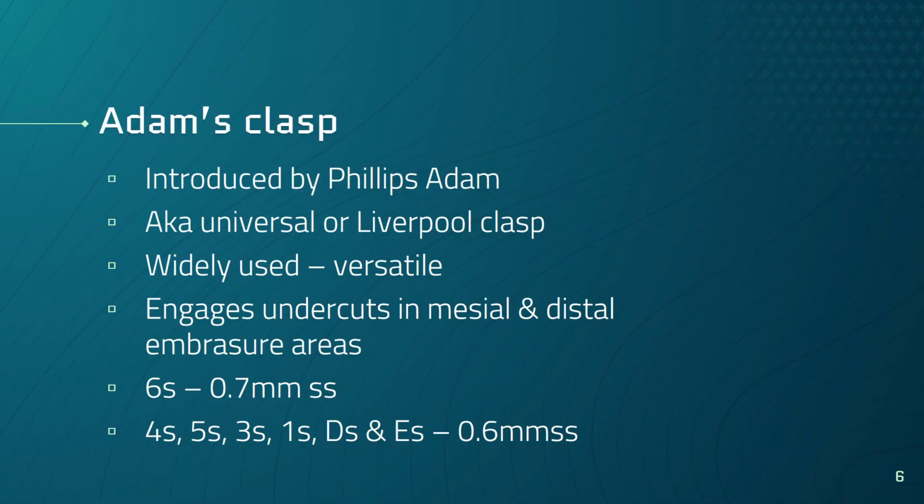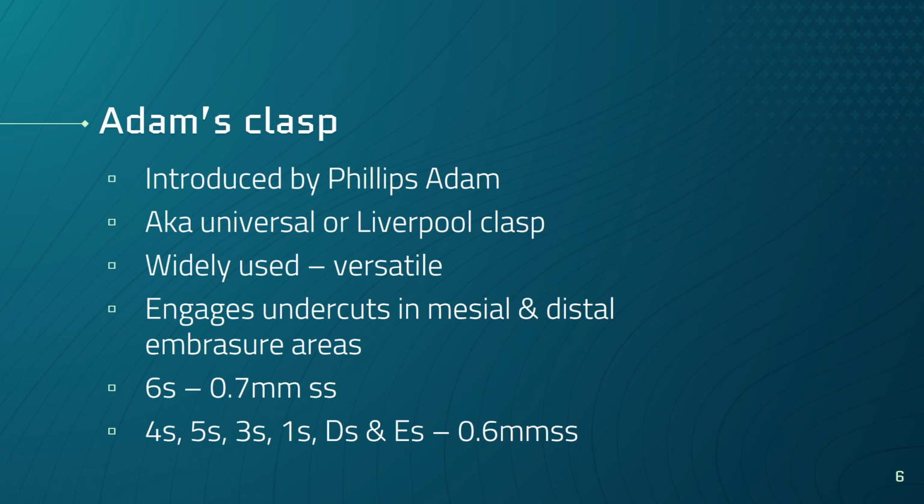Let's have a look at the Adams clasp. This is one of the most widely used and versatile clasps. It was introduced by Philips Adams and is also known as the universal or Liverpool clasp. It engages the undercuts in the mesial and distal embrasure areas.